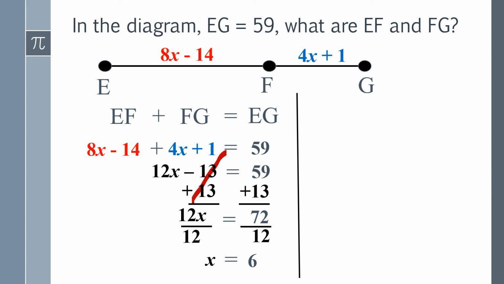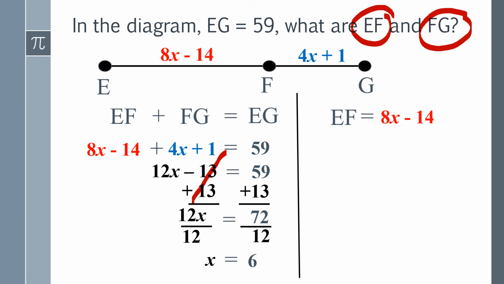But in the problem, it is asking us to find the length of segment EF and the length of segment FG. So therefore, we have to evaluate the expressions. The length of EF is 8x minus 14. So we're going to substitute 6 back in the place of x, multiply it by 8, which is 48, and subtract 14 from 48, and we get 34 units long.